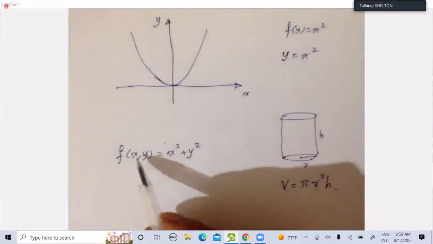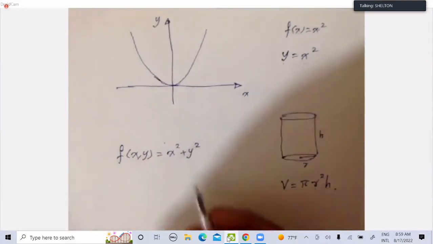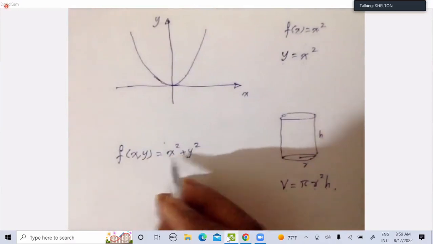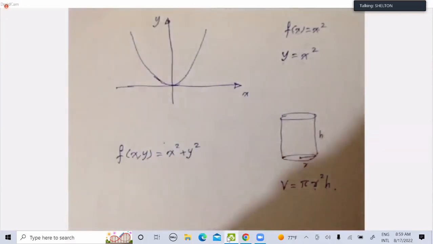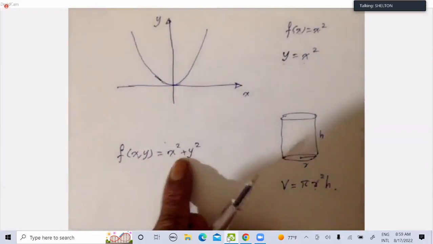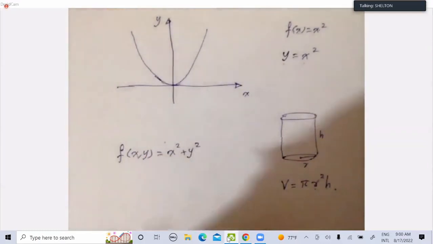Here, you have to have a pair of real numbers. Output is a real number. Input, a pair of real numbers.